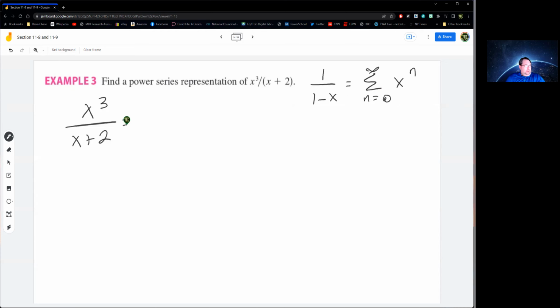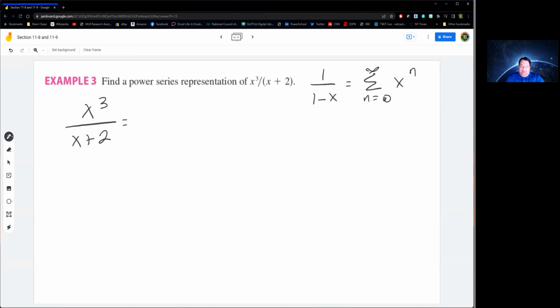So if I look at this series right here, is the x a constant, or is the x part of the actual thing that's changing in each term? The x is a constant. Right. So now, what can we do with constants in series? Pull them out.